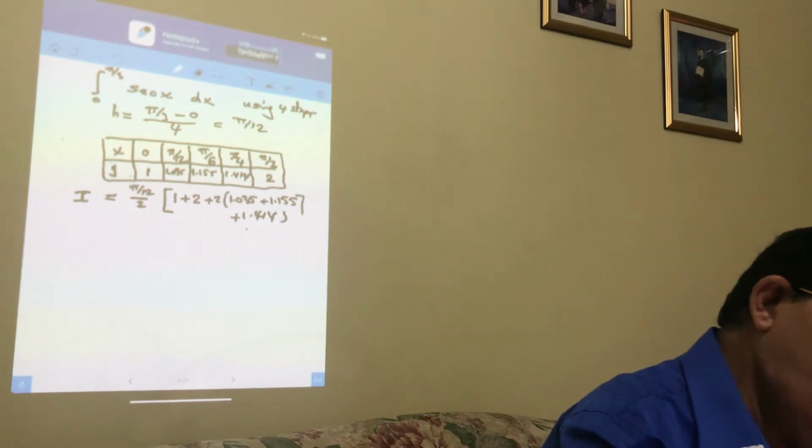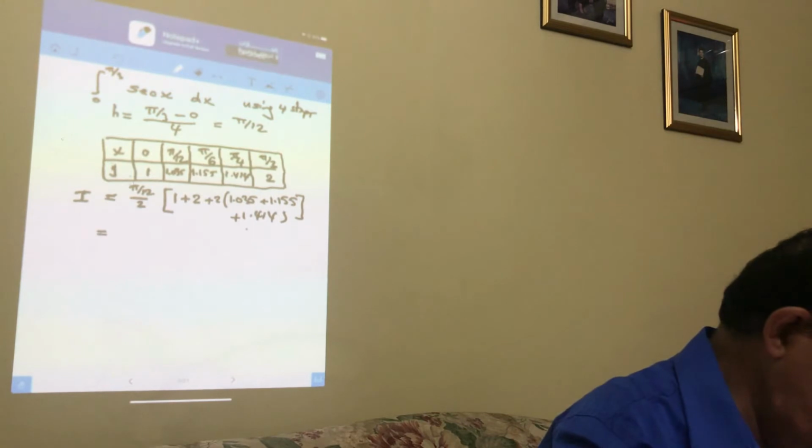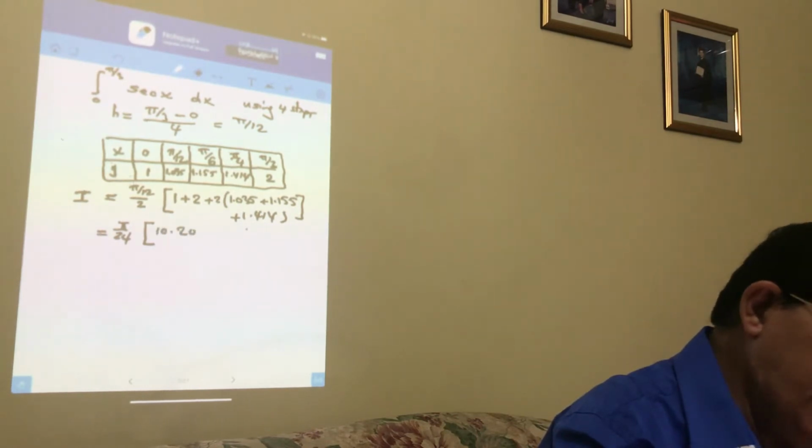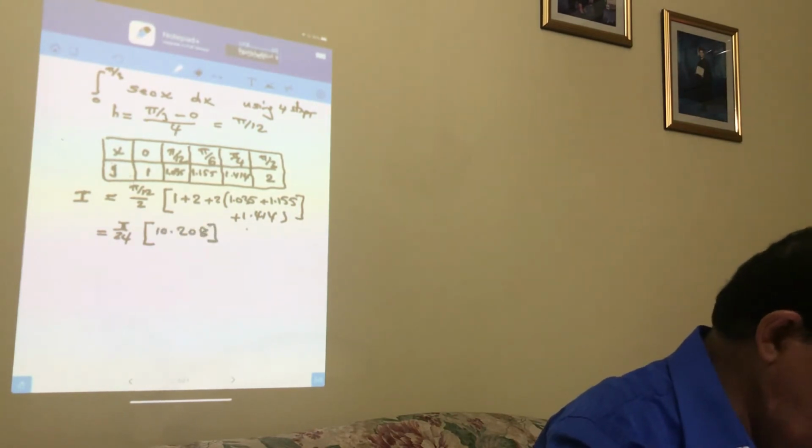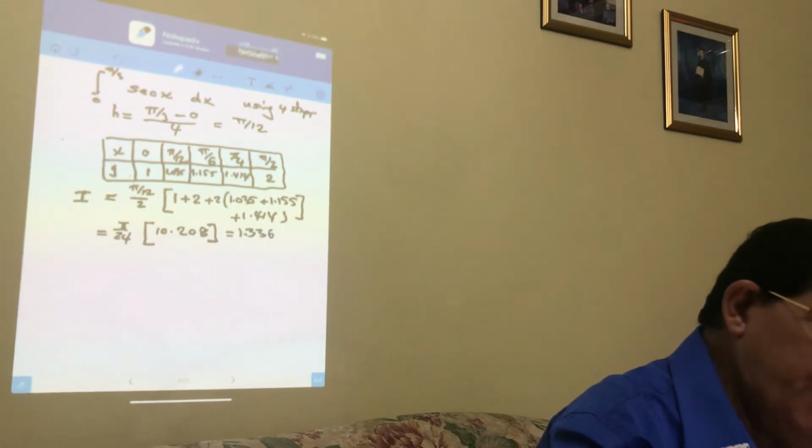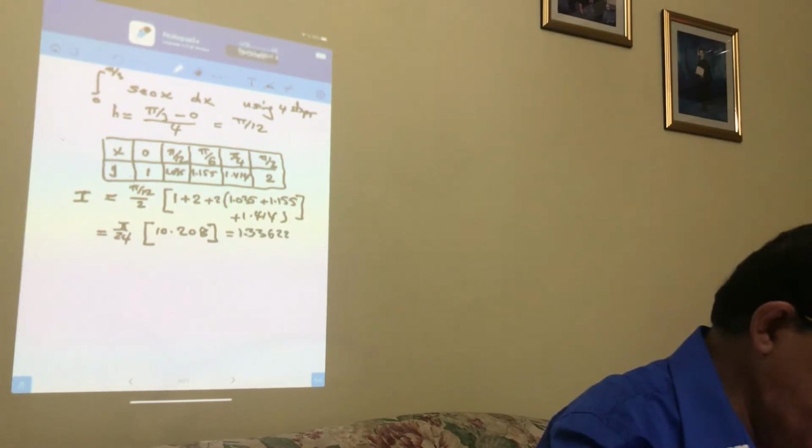These values of y times 2. We calculate this. Pi over 24 times, after we add 1 plus 2 plus twice these values, we get altogether 10.208. We multiply it times pi over 12, and the answer is 1.3362224 and so on.